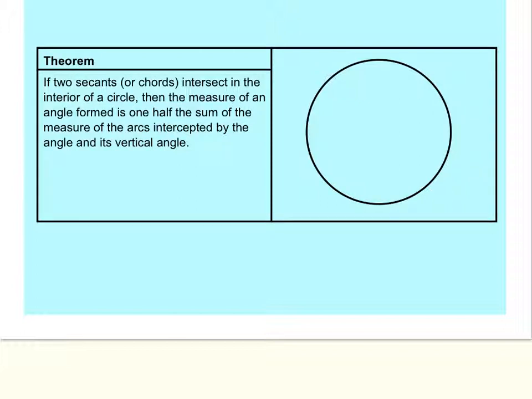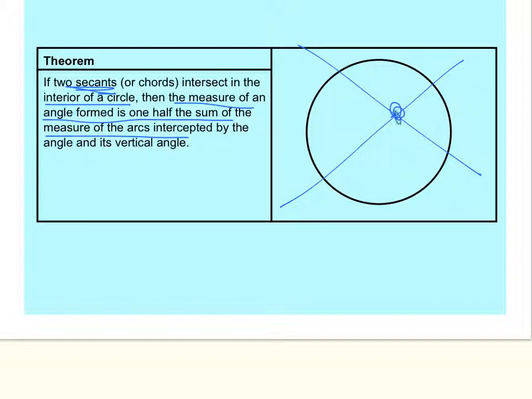So here's the theorem. If two secants or chords intersect on the interior of a circle, then the measure of an angle formed is half of the measure of the arcs. Here I have two lines that go through and cross.